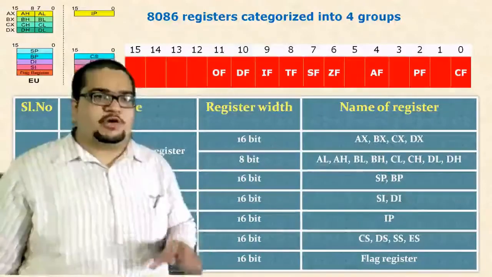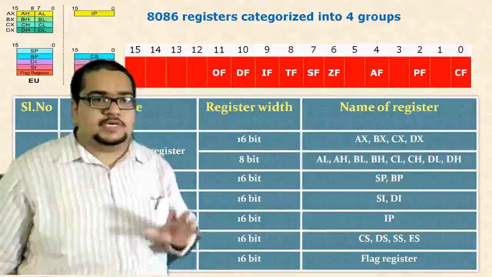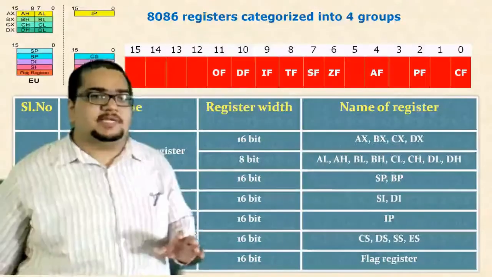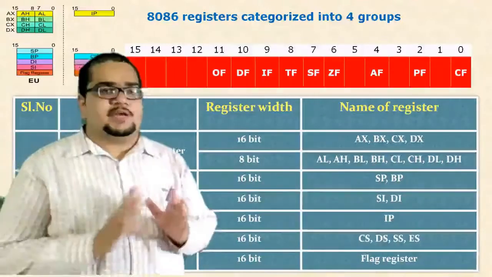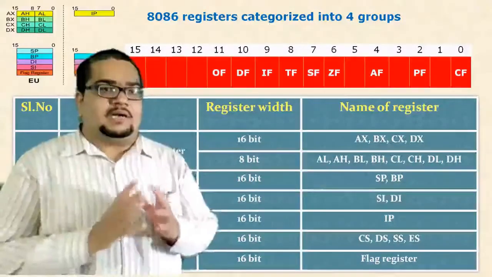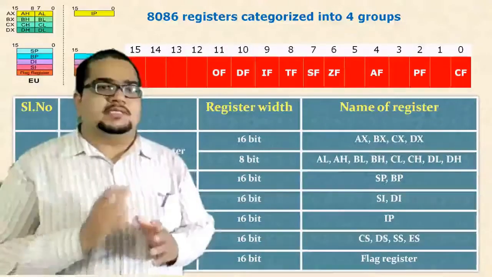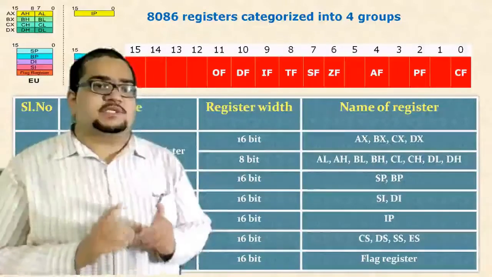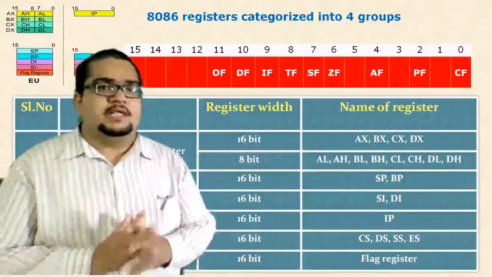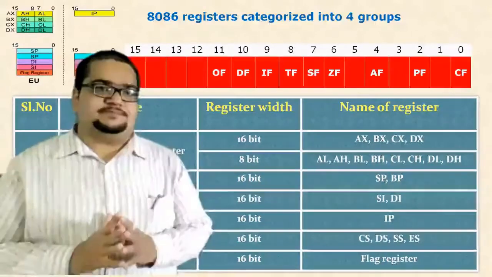Even though the instruction pointer is also a pointer register, we name it separately because it does a different job from the others. The other pointer registers, SP and BP, are used for holding the offset address of data of the program, whereas the instruction pointer holds the offset address of the instructions of the program. Generally a program contains instructions and data.